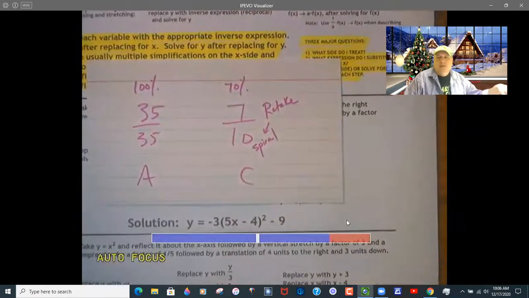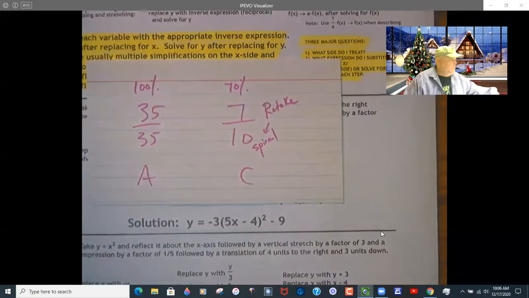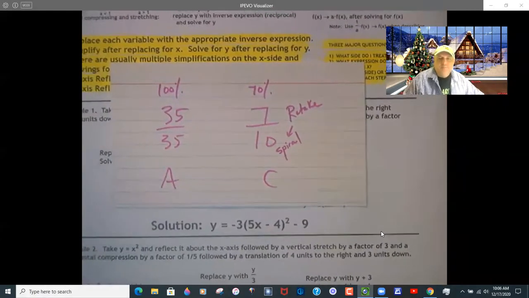On each quiz, we have a spiral part, which now is optional. Just be aware of that.